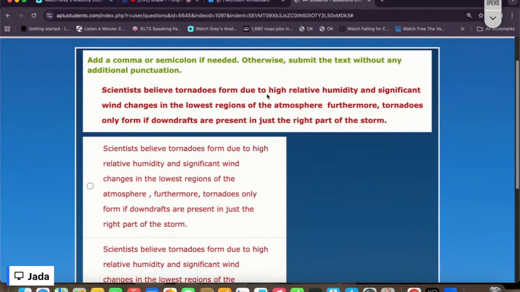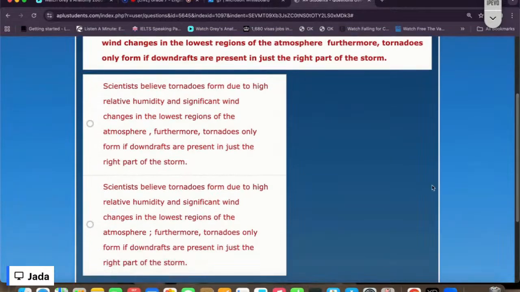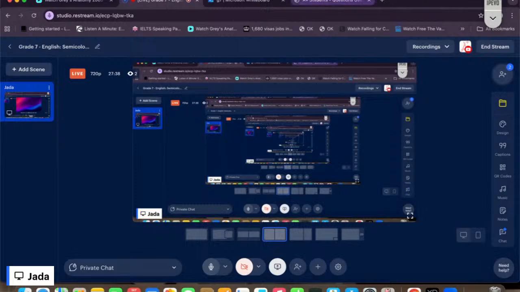Scientists believe tornadoes form due to high relative humidity and significant wind changes in the lowest region of the atmosphere. Dash furthermore, tornadoes only form if downdrafts are present in just the right part of the storm. Is it the first or the second?